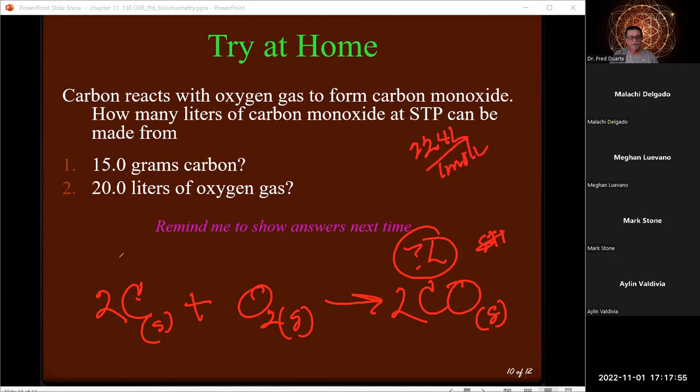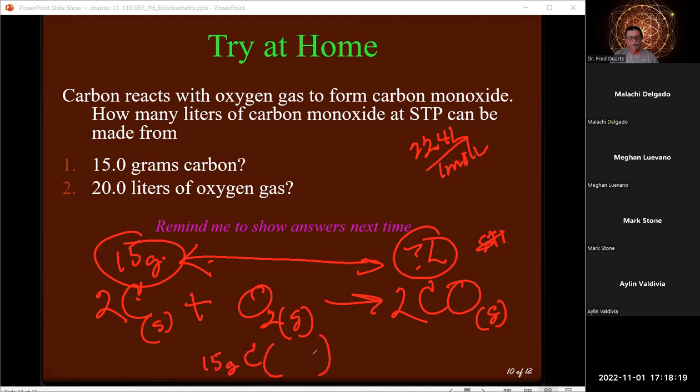It can be made from 15 grams of carbon, right? So that's what we need to do. You have to go from 15 grams of carbon to liters of carbon monoxide. If we start off with 15 grams of carbon, we're going to need its atomic weight, because we need to convert those 15 grams of carbon to moles of carbon.